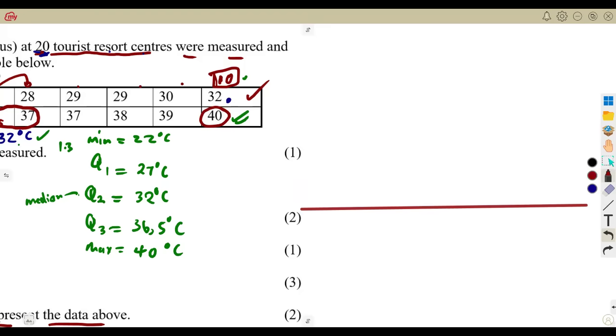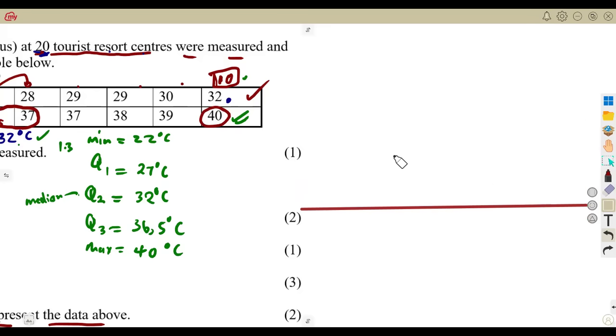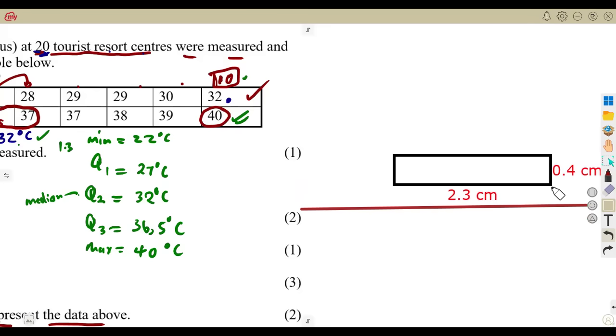Then we just need a box here, which is a rectangle. Fortunately, we have a rectangle tool that we are going to need in our presentation.